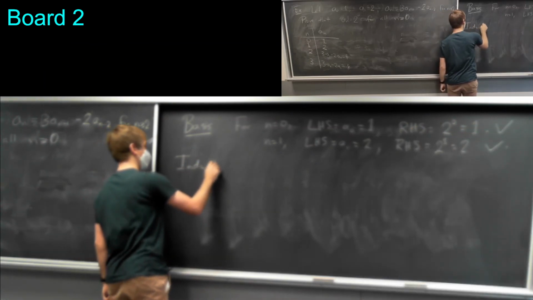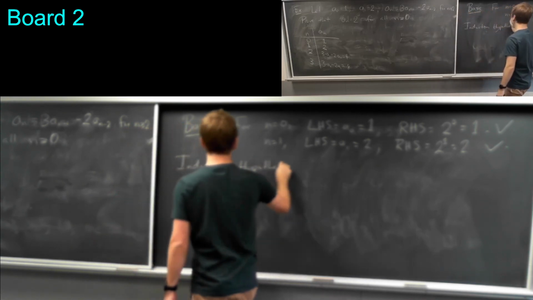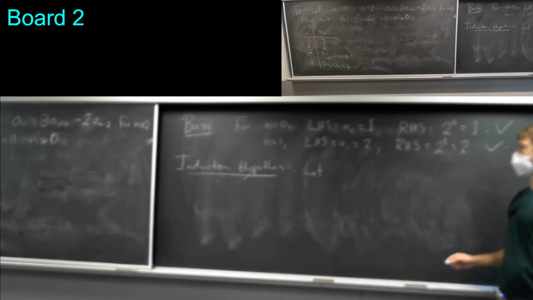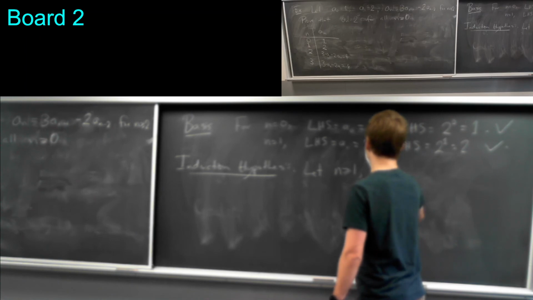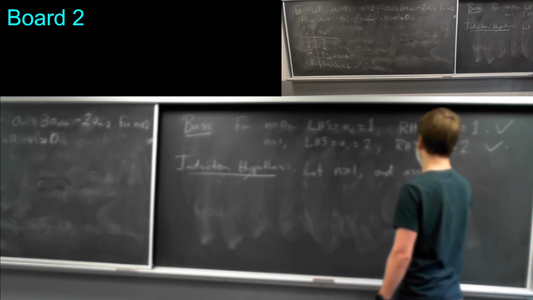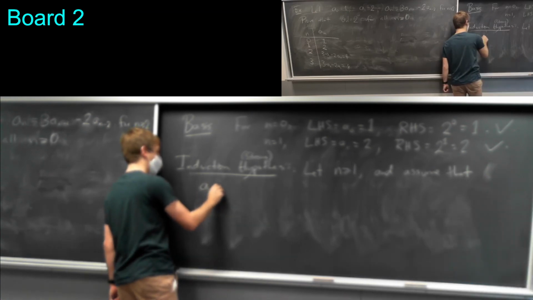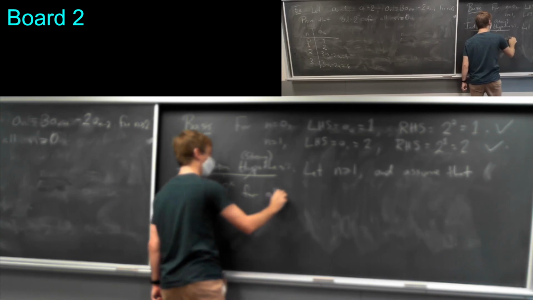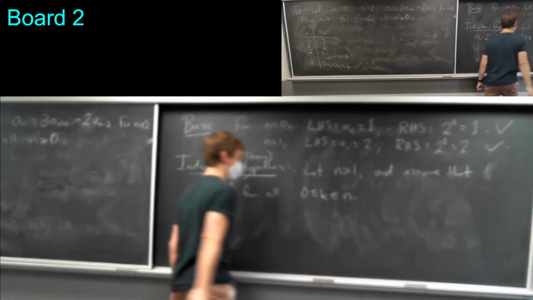Inductive hypothesis. I'm going to go through this one a bit quickly, because we do need to set up for the test. So let n be at least 1, and assume, using strong induction, that ak is equal to 2 to the k for all k between 0 and n.